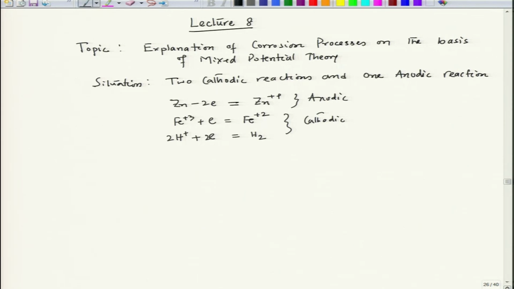Now, we have to draw the mixed potential theory. We have to draw the interactions of these reactions applying mixed potential theory. So, again the plot would be E versus log I, and here we are only concentrating on activation polarization.